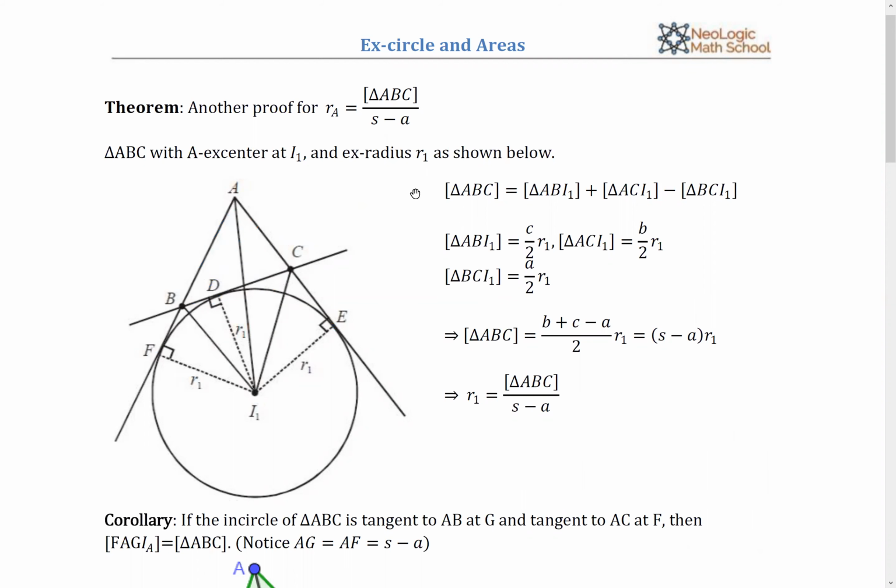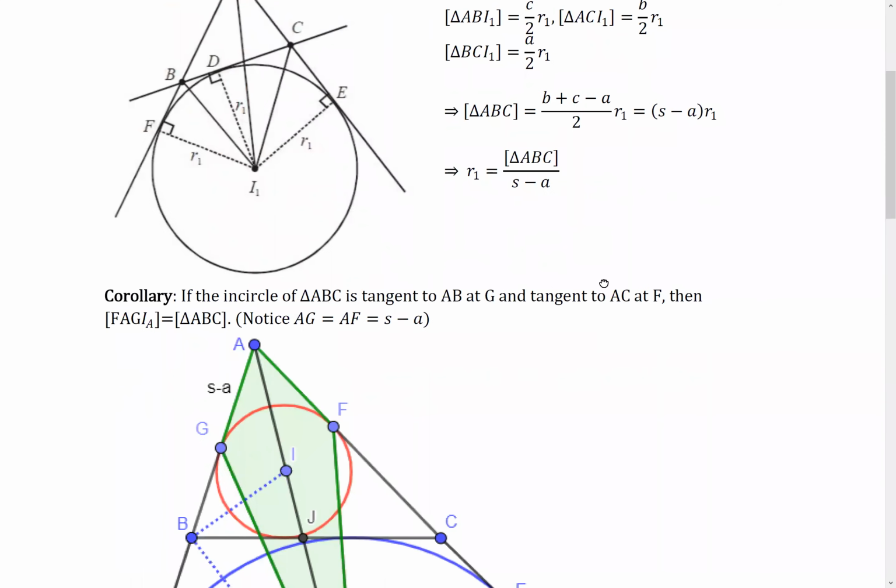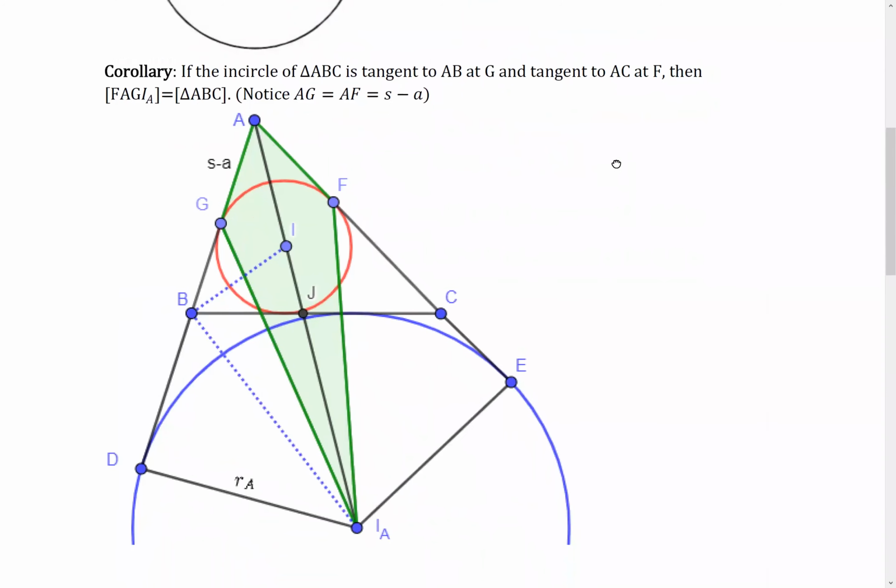Let's take a closer look in the next picture. So if you draw the incircle of triangle ABC, then this is s - a, this is s - a. The previous formula says (s - a) times this ra equals what? The area of ABC.